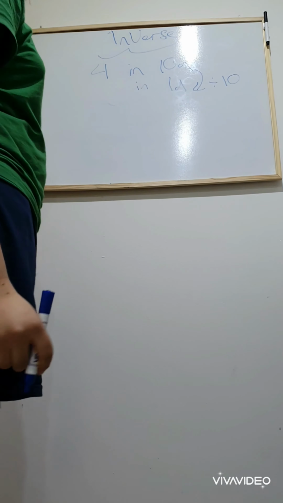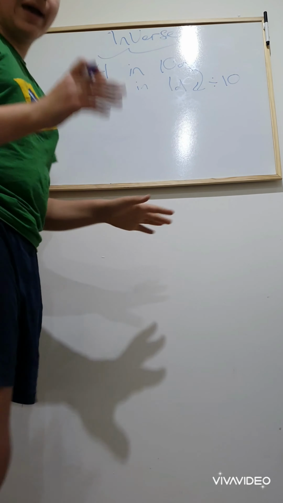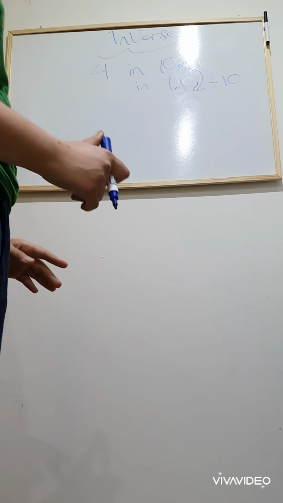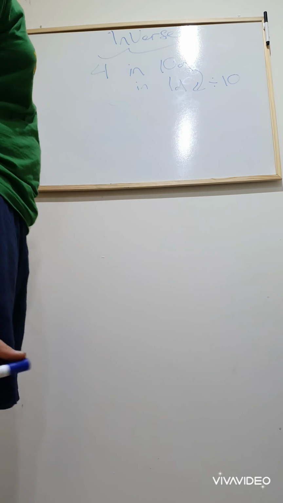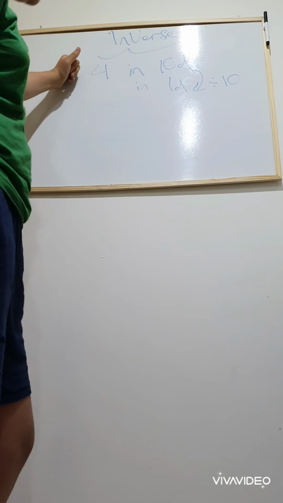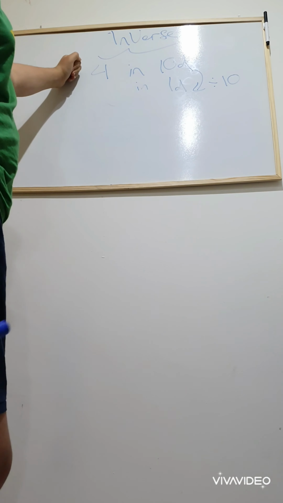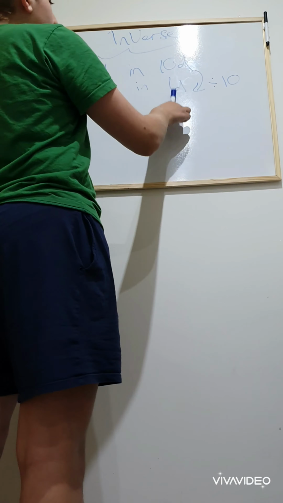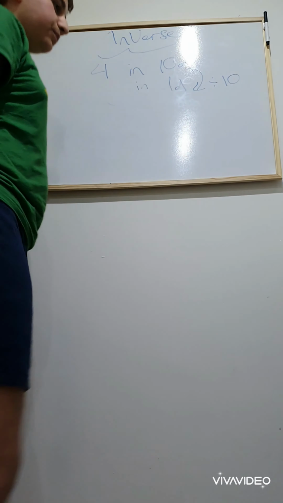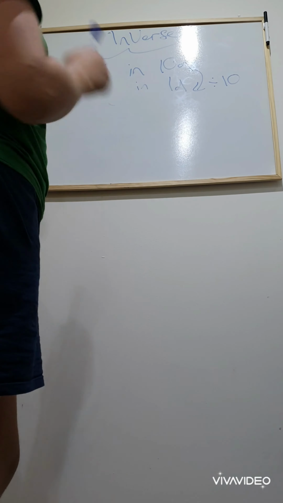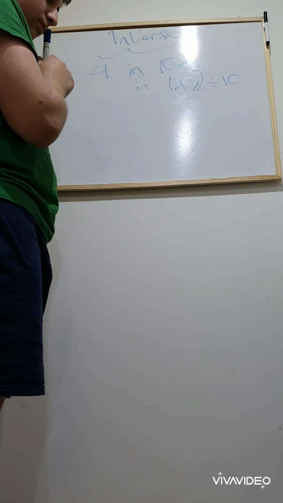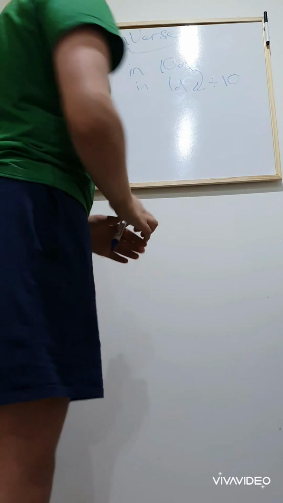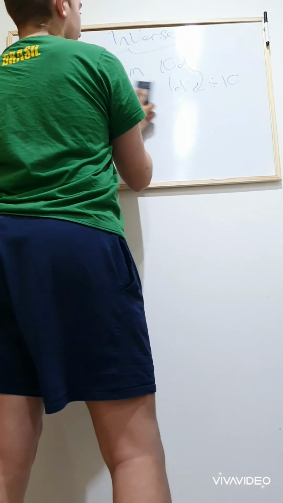This is where it's an inverse proportion question. With direct, we would divide it by 10. But no, we're going to times it by 10 because the fewer the days, the more the people. Wait, no, that is the wrong question.